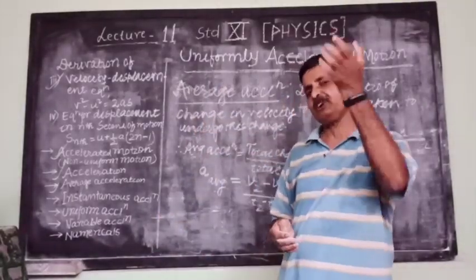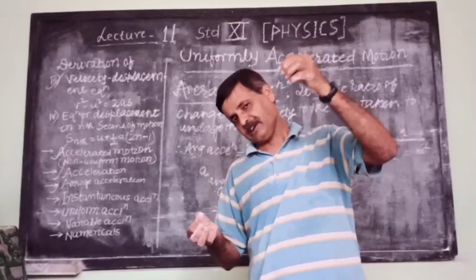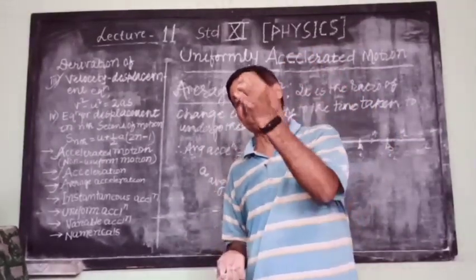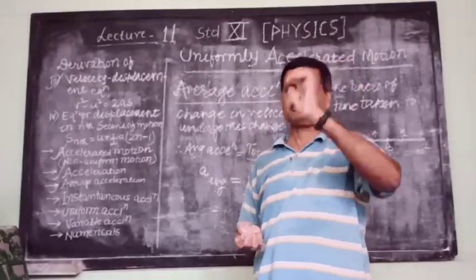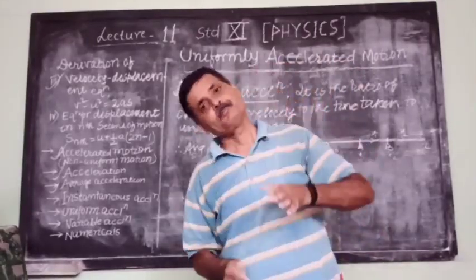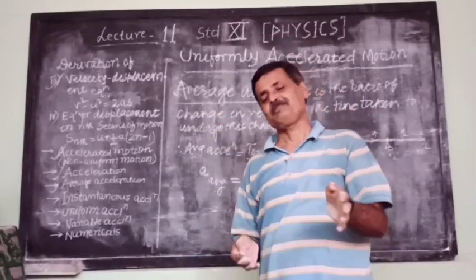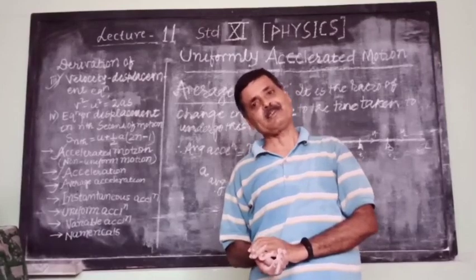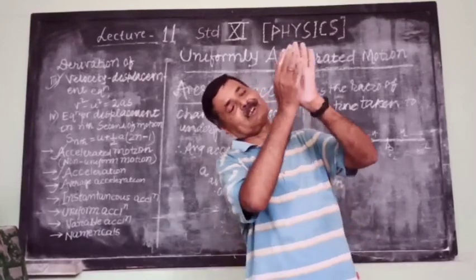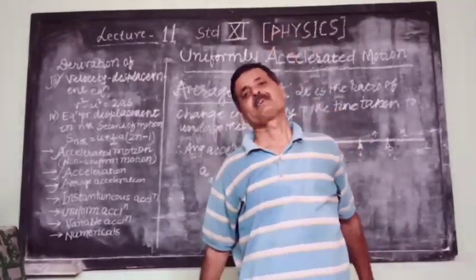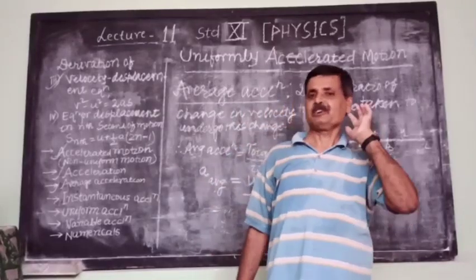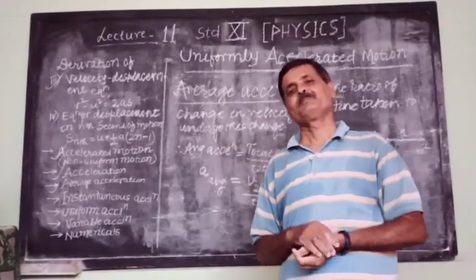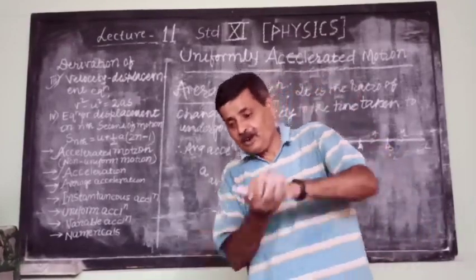In a very short interval of time, the contact between ball and bat is very brief, and then the ball will move high and high. If the time of contact increases, what will happen? The player may be caught out. Whenever the time is increased, whenever a cricketer catches the ball, he lowers his hands.